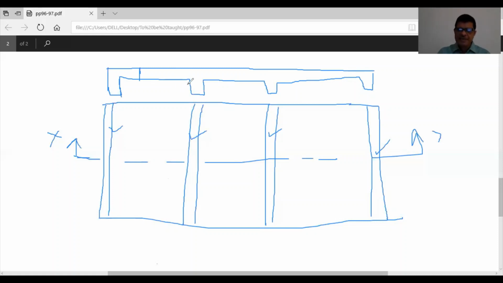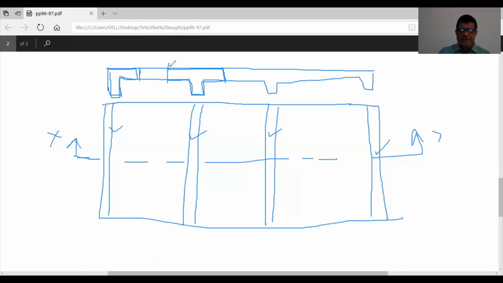In that case, the beam behaves with a part of this slab. So this beam will behave like a T beam. This will look like a T, and the end beams will behave like an L beam. So this is the T beam and L beam.